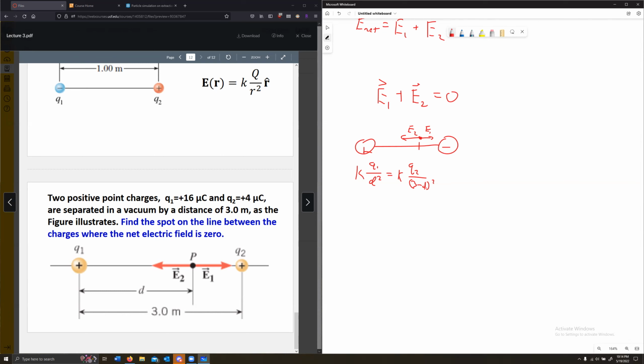So here, I'll write out what you said. In this instance, it would be K times Q1 over D squared minus K Q2 over 3 minus D squared equals 0.